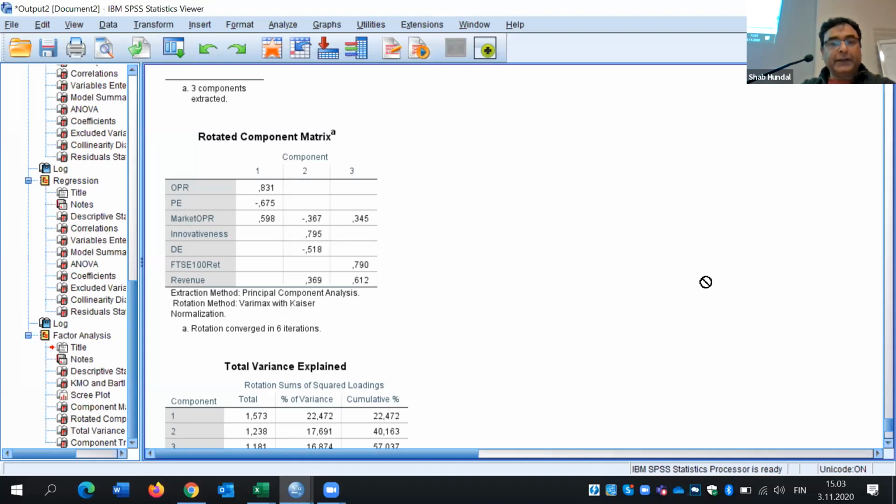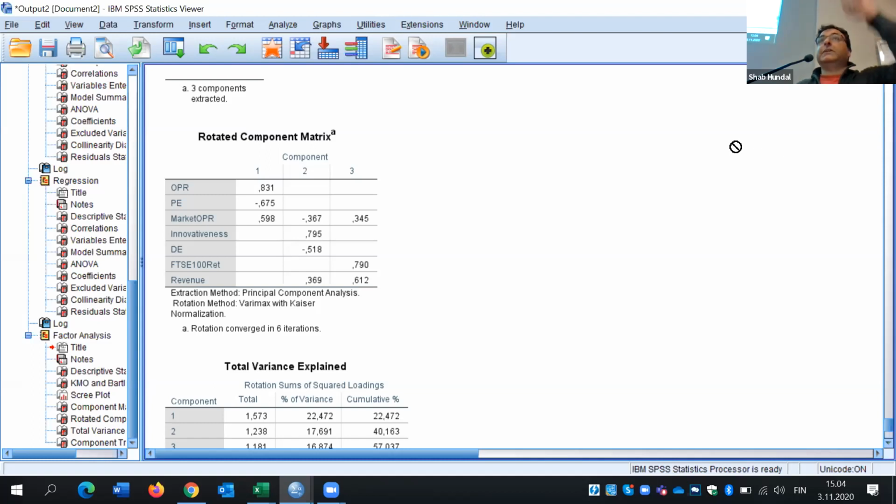We have innovativeness and DE, the second construct, and the index return third. So from 7, we are reduced to 5 basically. Isn't it a good thing? We are throwing the unnecessary variables out. Now the first job is done.